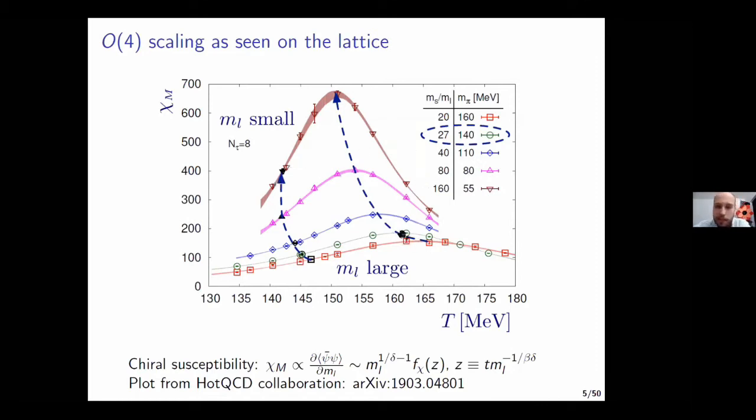You see that this peak starts moving lower down, so the critical temperature where you have the transition moves lower. Also the susceptibility becomes steeper, so you're really almost becoming delta-like when you take the pion mass to 0. So there is some signature of this from the HotQCD collaboration.